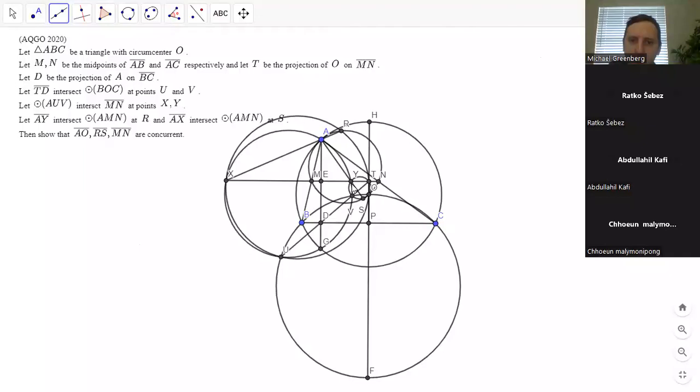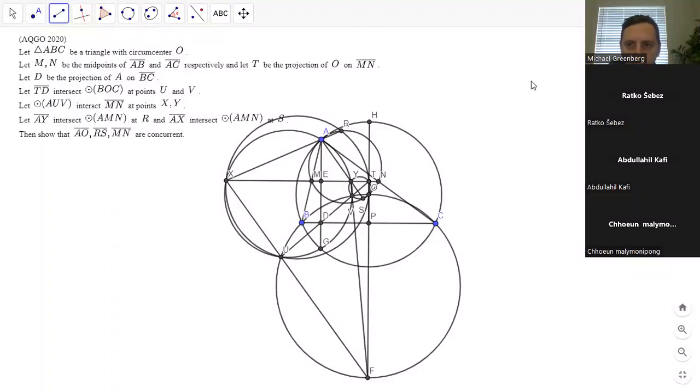It almost seems like we first want to prove this is cyclic and then show they're collinear. Right, because then we would have these are collinear and this is collinear. Maybe we could work backwards a little bit.